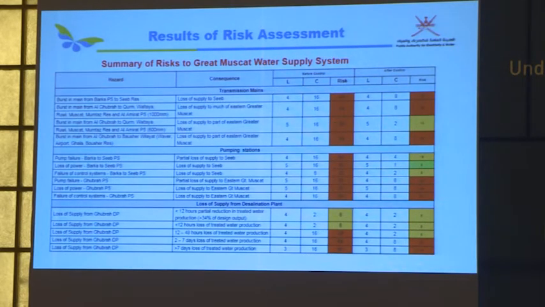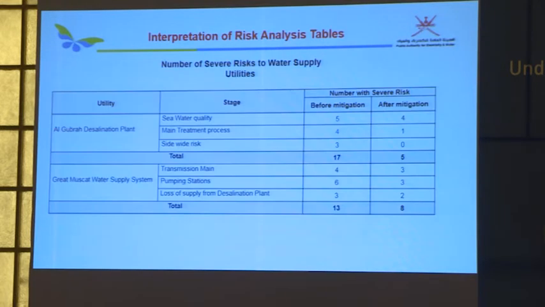This is the summary of risk for the Greater Muscat water supply system, covering the transmission main, pumping station, and loss of supply from the desalination plant. It is the same as what I have used in the interpretation of risk.